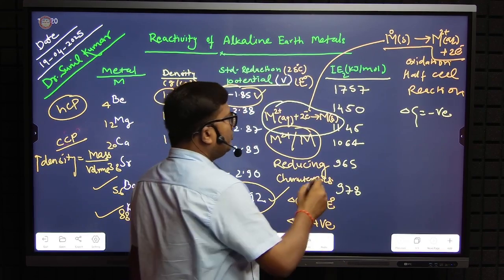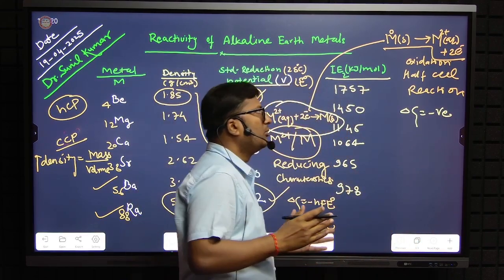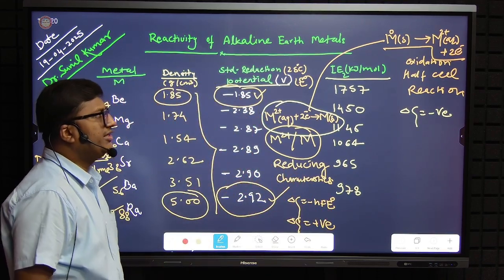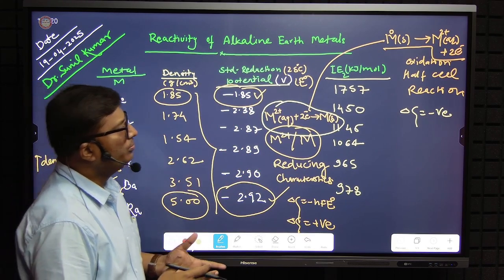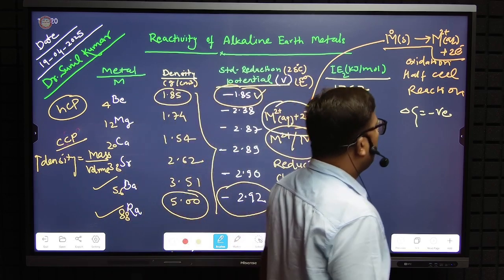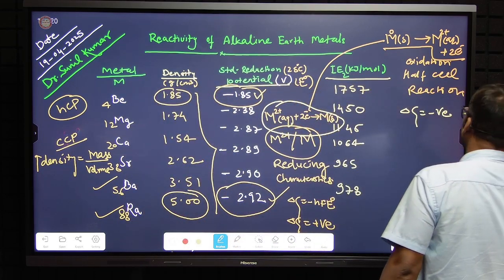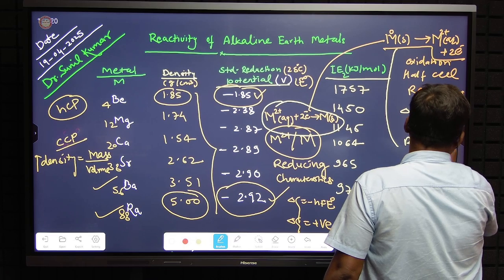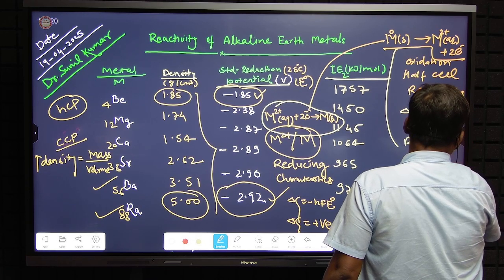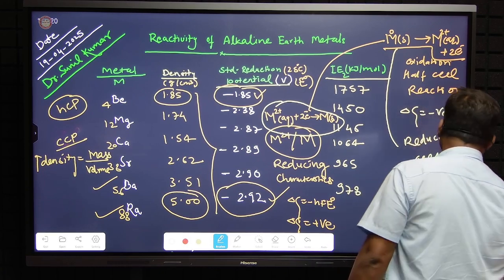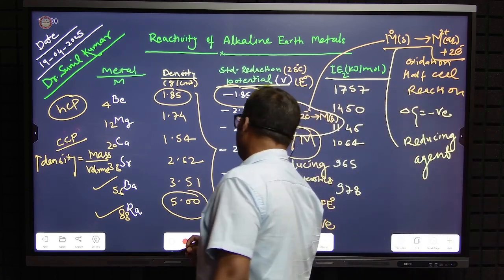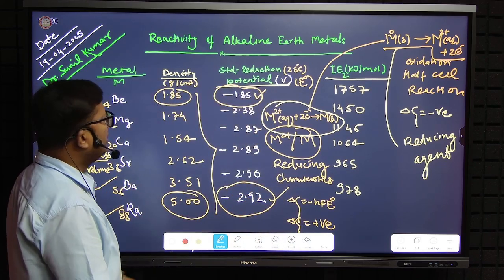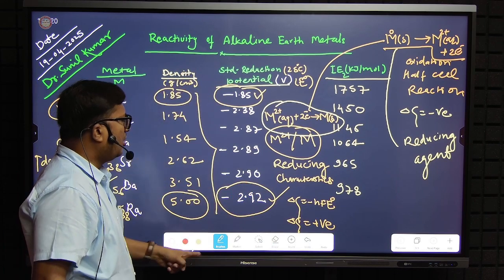The species which undergo oxidation by releasing their outermost two valence electrons turn into reducing agents, right? So which metal is most reducing in this particular group?